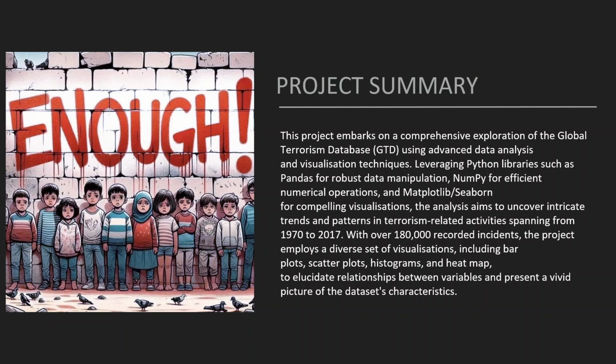The analysis aims to uncover intricate trends and patterns in terrorism-related activities spanning from 1970 to 2017. With over 180,000 recorded incidents, the project employs a diverse set of visualizations, including bar plots, scatter plots, histograms, and heat maps, to elucidate relationships between variables and present a vivid picture of the dataset characteristics.